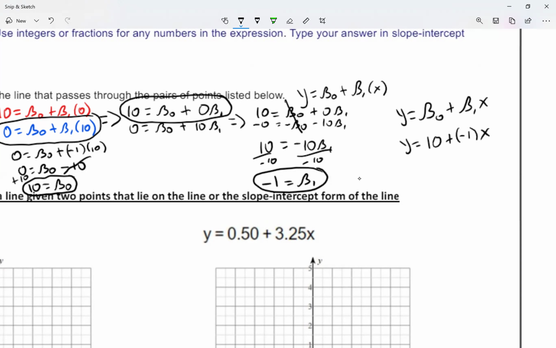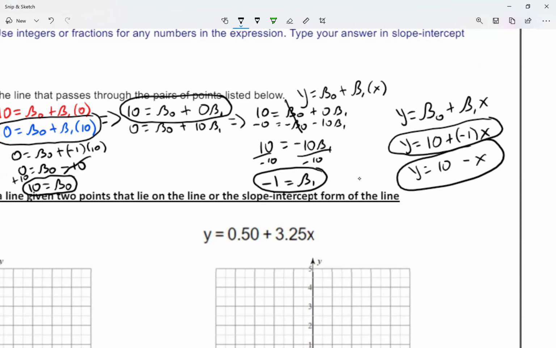Mathematically speaking, that is correct. If you write y equals 10 minus x, that also works, because the negative 1 times x gives me that. Let me circle these as two possible solutions. It's fine. That was not bad. Okay.